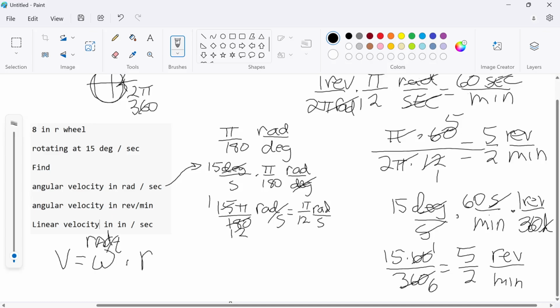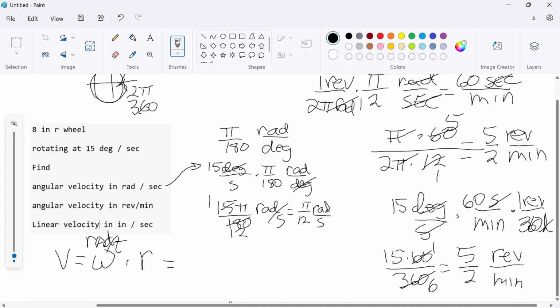If you have the angular velocity in radians per unit time and multiply it by the radius, the units are whatever units the radius was in, divided by whatever units the time was in. In this case, the radius is in inches, and they want inches per second.